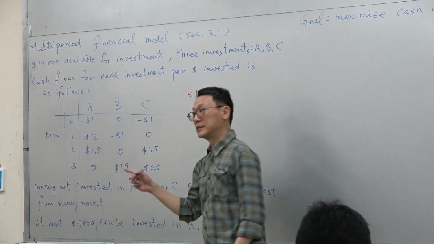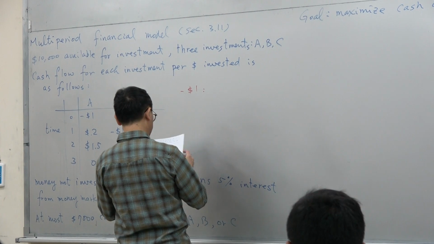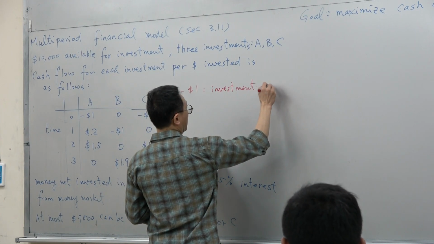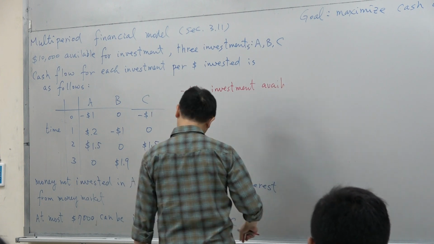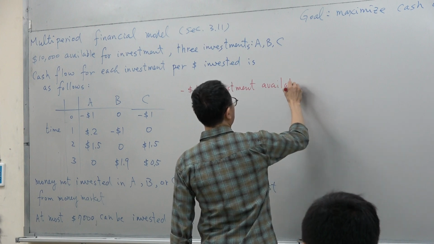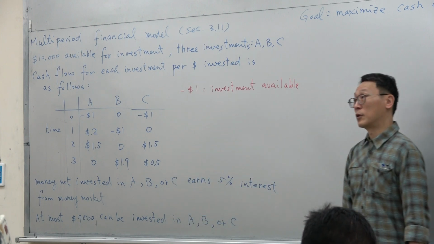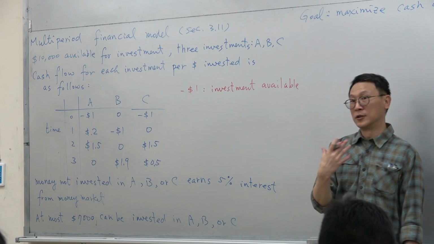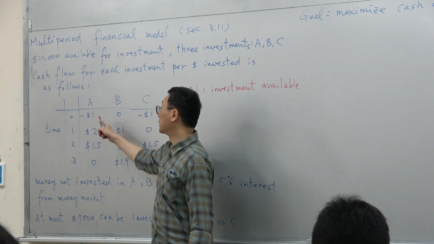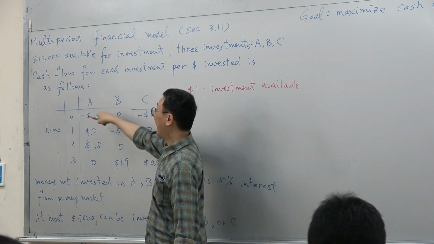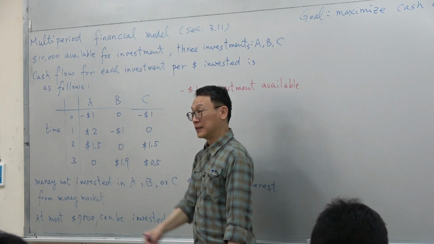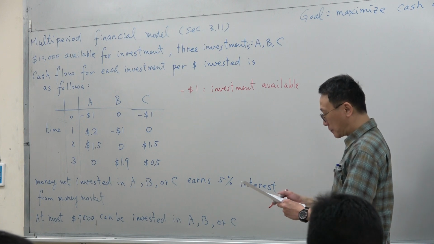A -1 means that at that time we can do investment. So -1 at time 0 means that we can invest in A and C. We cannot invest in B at time 0.